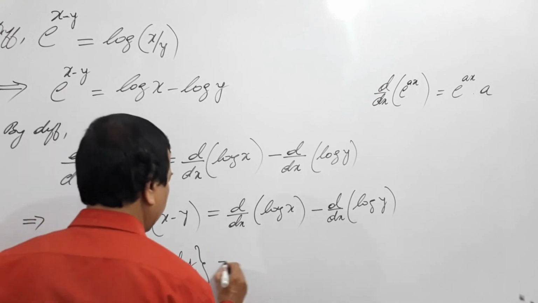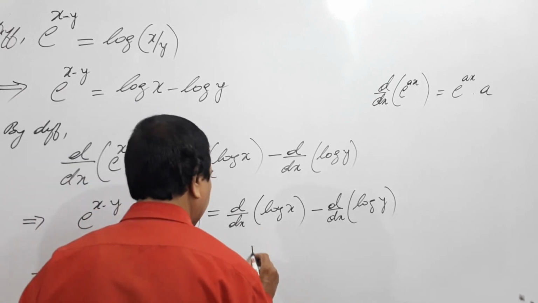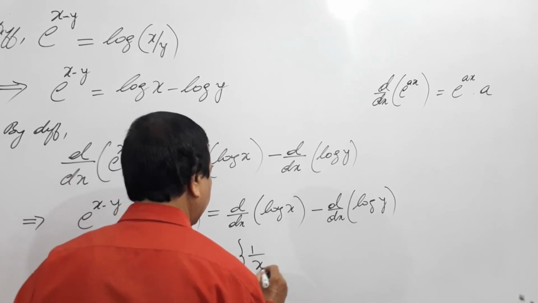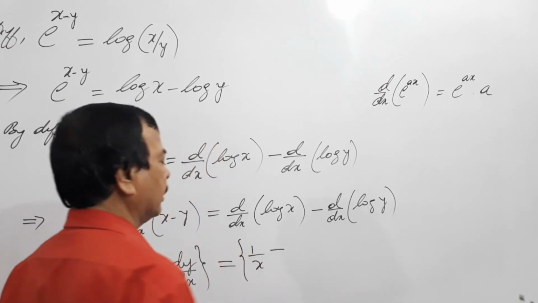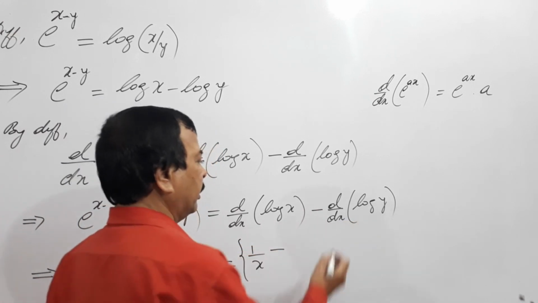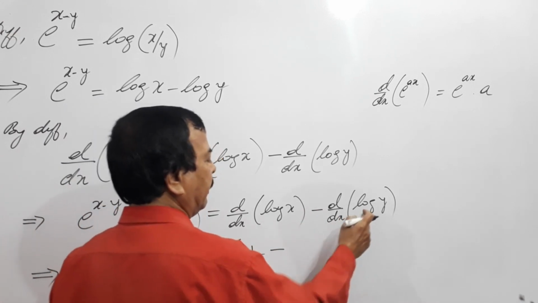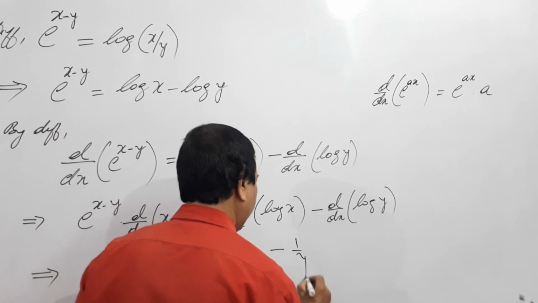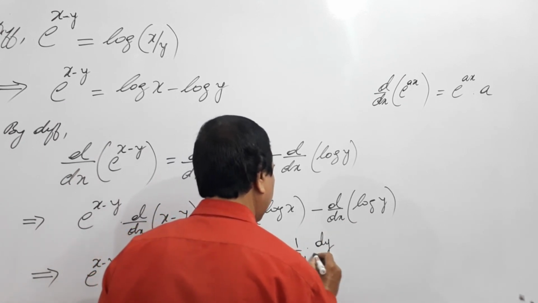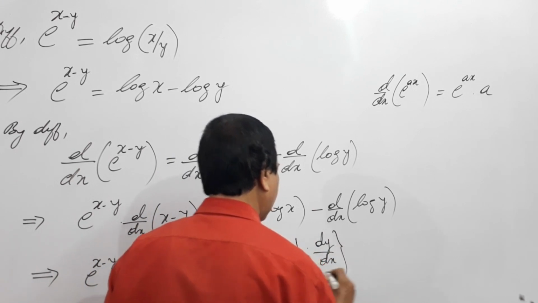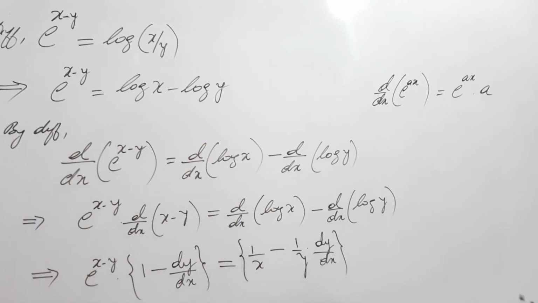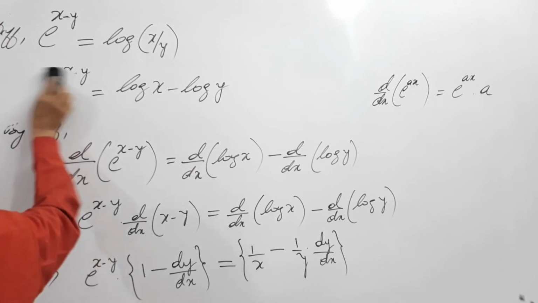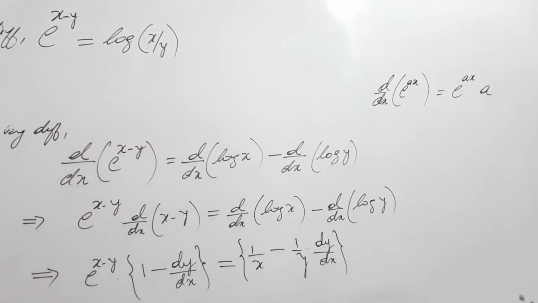So this becomes what? Log x is 1 by x minus, d by dx of minus is a minus sign, d by dx of this becomes 1 by y into dy by dx. Done. So I'll rub this also.